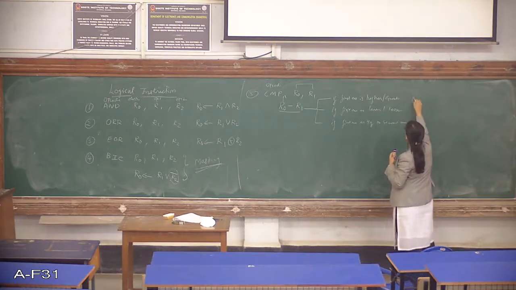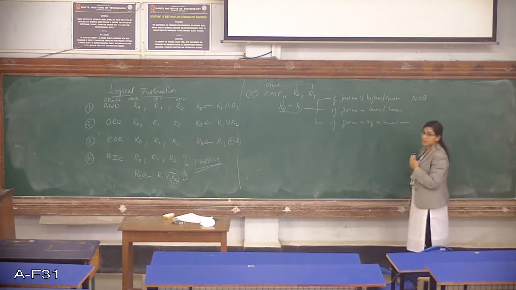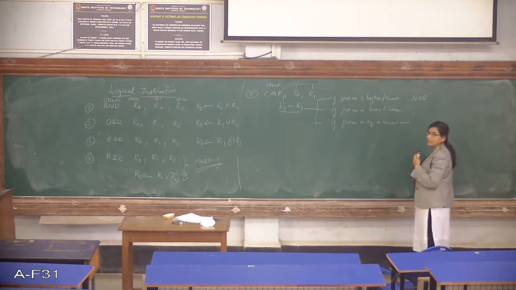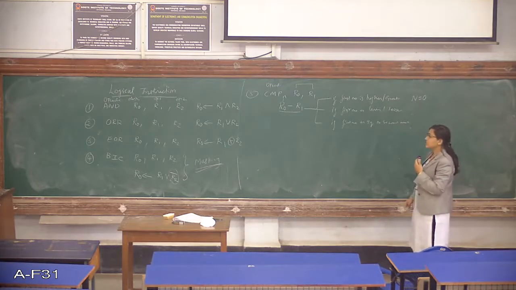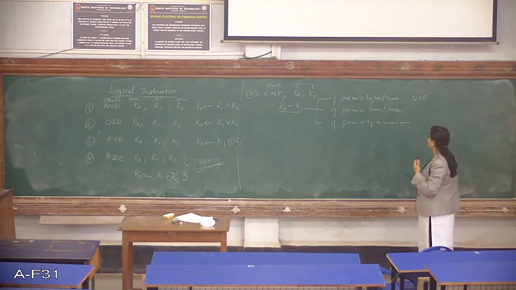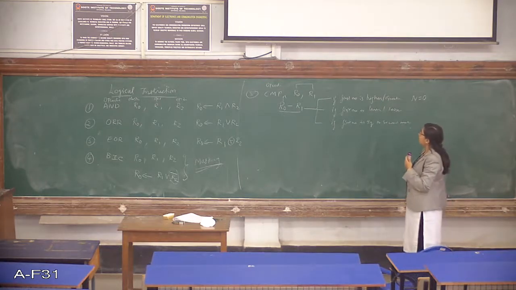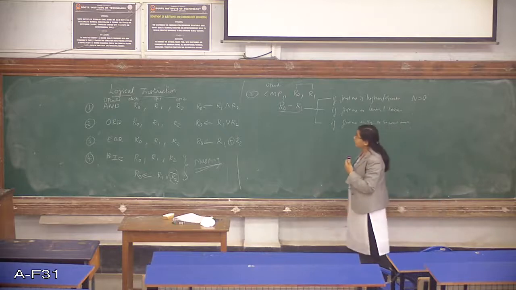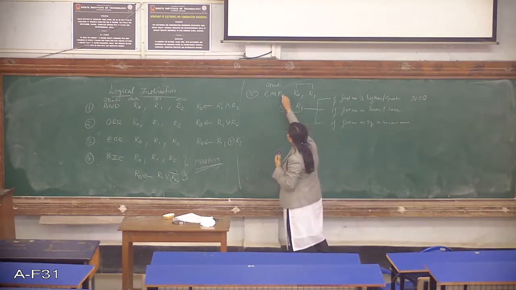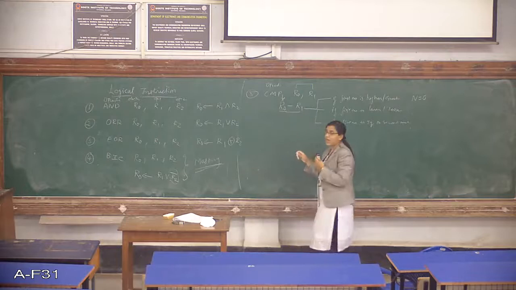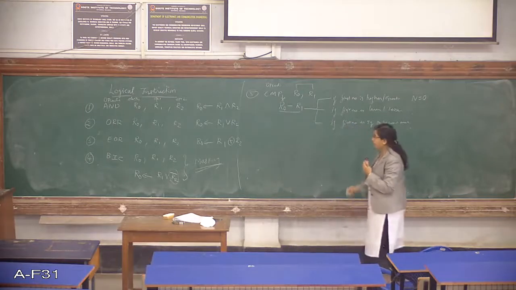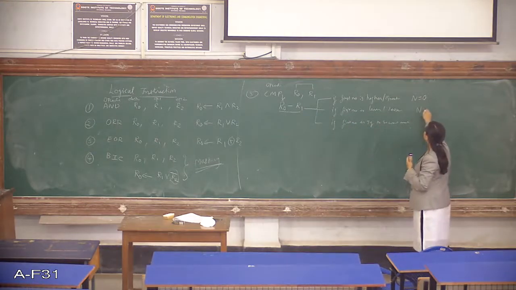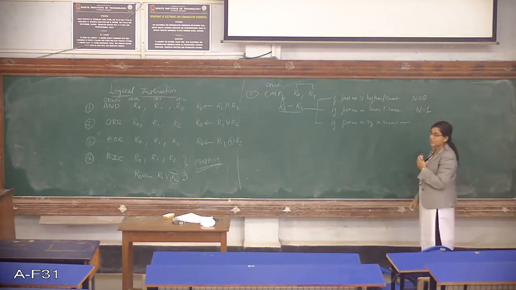So in that case the negative flag N is 0, because I am getting a positive value. If the first number is lower, when I subtract the higher number from the lower number, I always get a negative number. So in this case your N becomes 1. The negative flag will be set to 1.